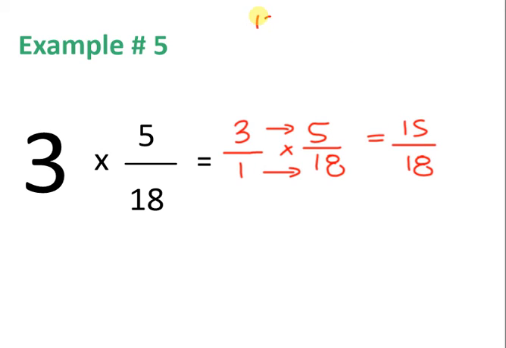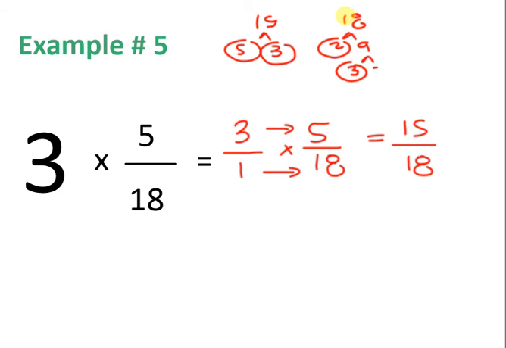Now this is not simplified. Make yourself a factor tree. Find your GCF. Looks like your GCF is 3. So it's going to be 5/6 is your answer.